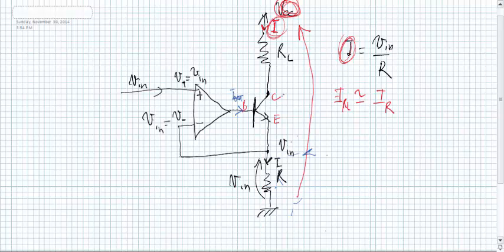And since this is a transistor, what the transistor does is that it's going to simply take I out of the op amp, and it's going to generate a much larger current. Let's call it IRL, which is the current through the load. And the relationship is very simple. I through the load is simply the beta of our transistor times I out.